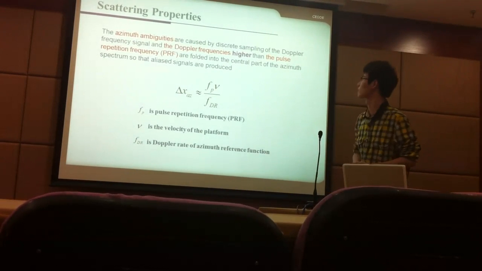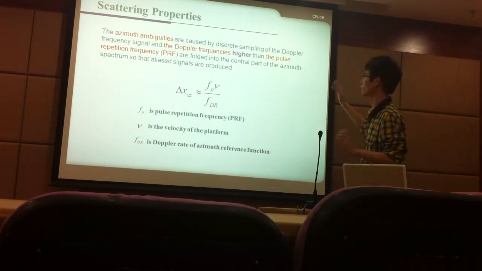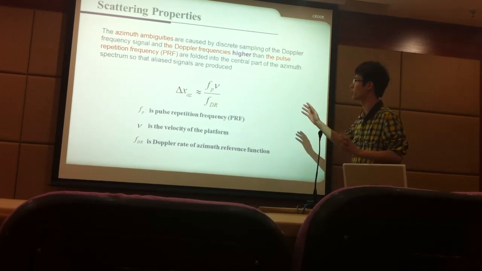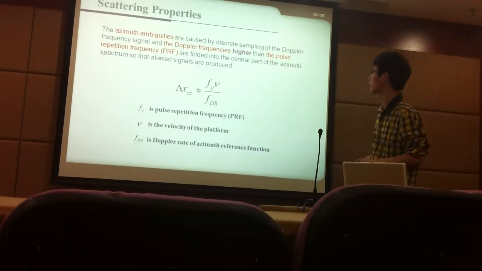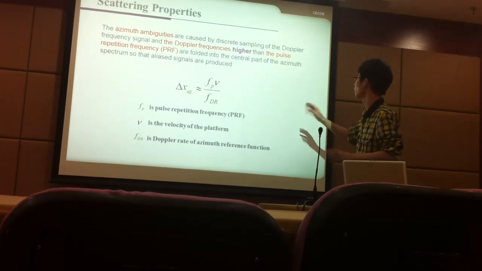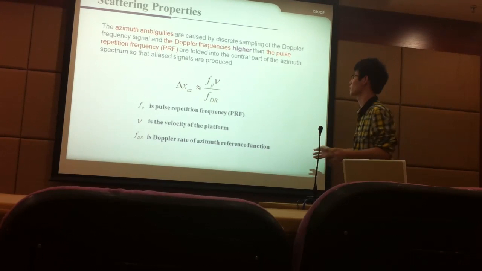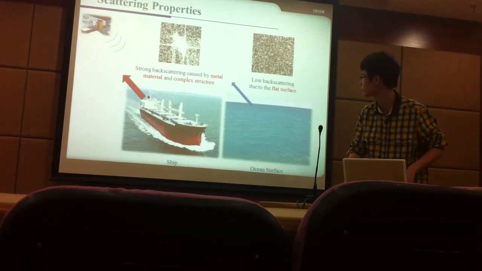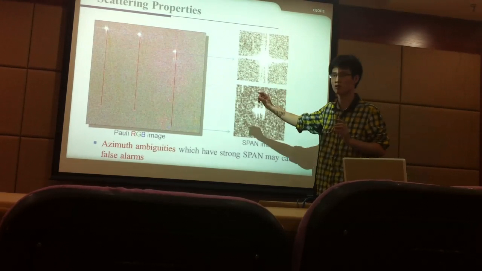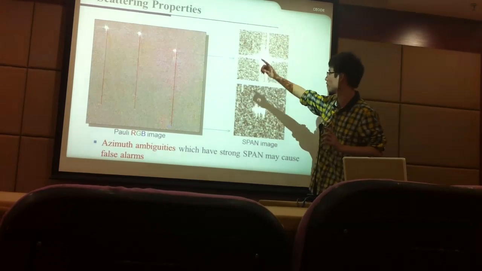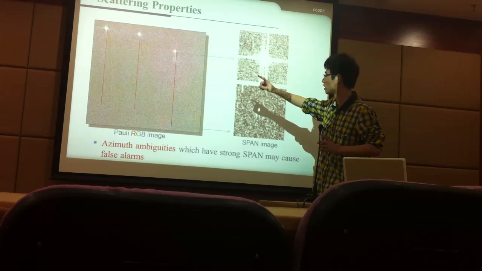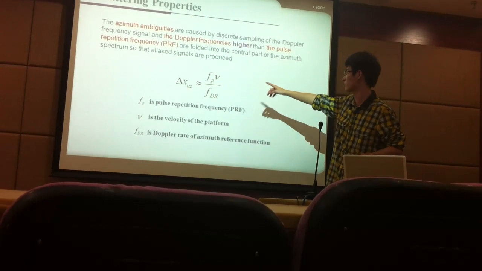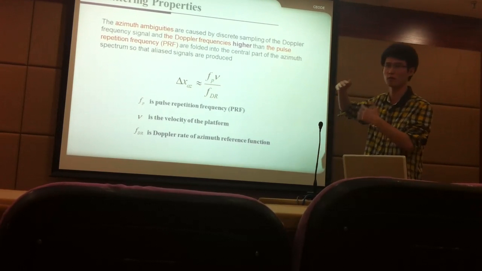Azimuth ambiguities are caused by discrete sampling of the Doppler frequency signal, and Doppler frequencies higher than the pulse repetition frequency, PRF, are folded into the central part of the azimuth spectrum, so that ambiguous signals are produced. They always appear at a certain distance from the real ship. It can be calculated from the formula here, where delta x is the distance from the ship.